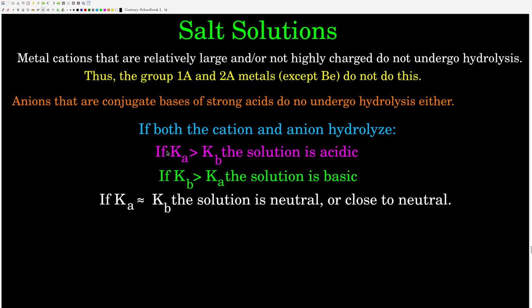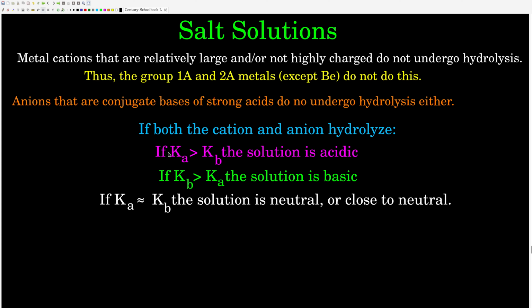All right, salt solutions. What we just saw only applies, guys, to small, highly charged metal ions. If they're larger, or not highly charged, then that doesn't happen. That's hydrolysis also. So that means that the group 1A and 2A metals, alkaline earth metals, do not do this, except for beryllium, which is always a kind of weird one, because beryllium has a +2 charge and it's small, so it hydrolyzes.